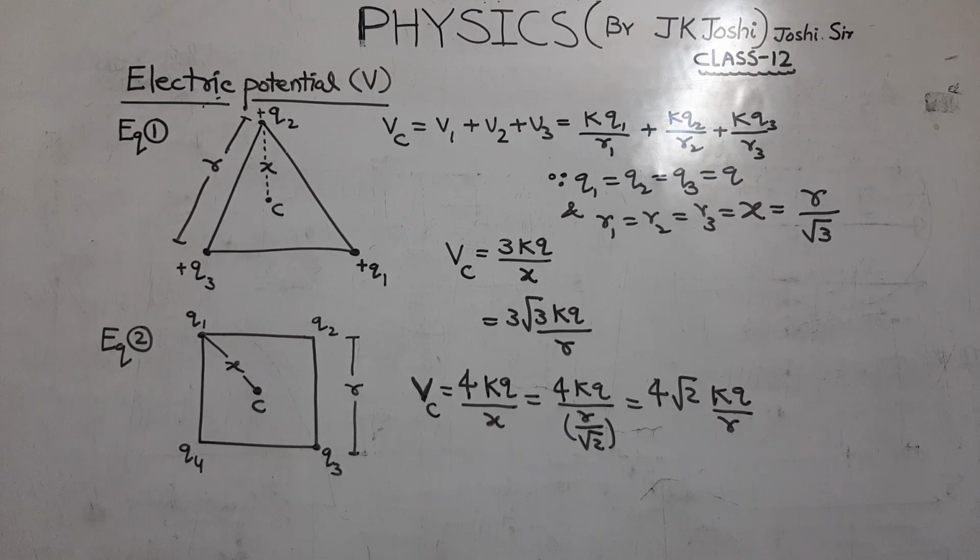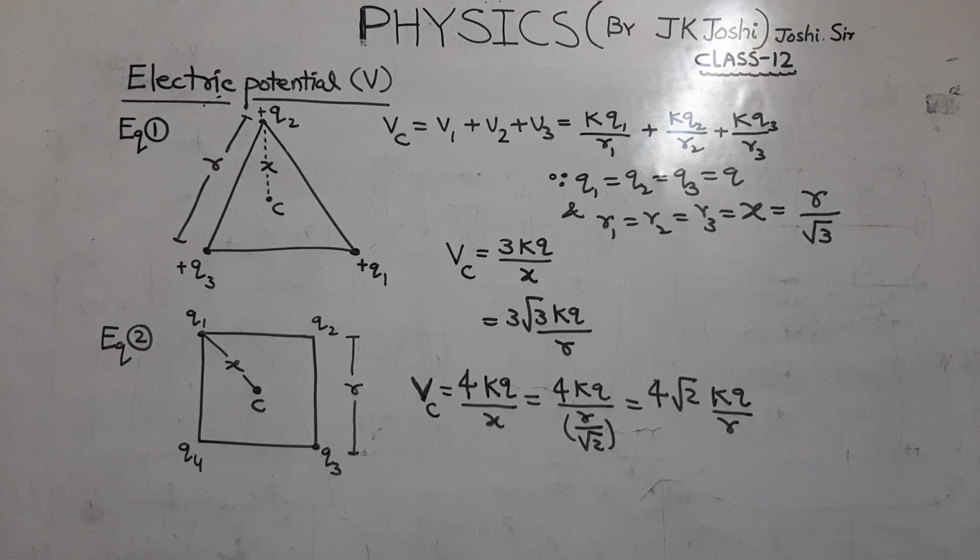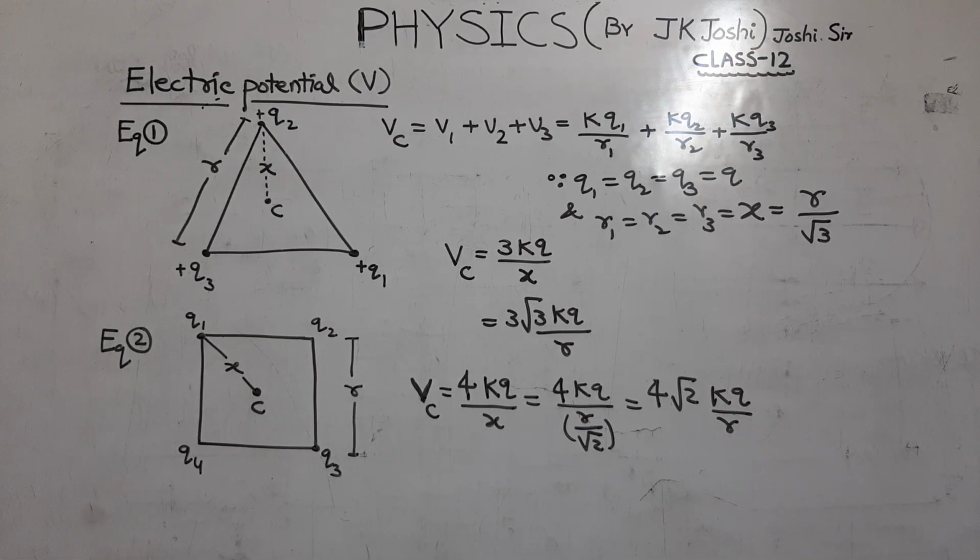Since Q1, Q2, Q3 are equal in our example and R1, R2, R3 are equal to R by root 3, which is represented by X, by putting the value of X, we get 3 root 3 KQ by R.